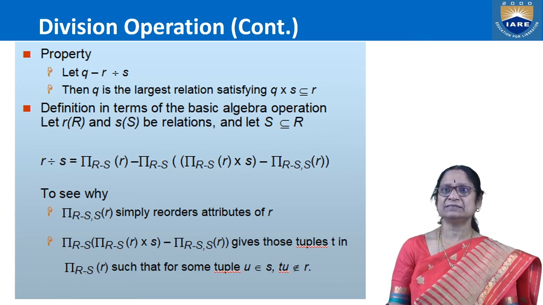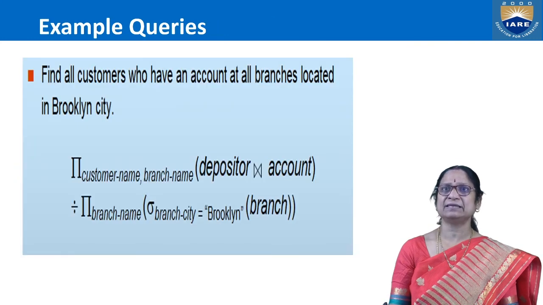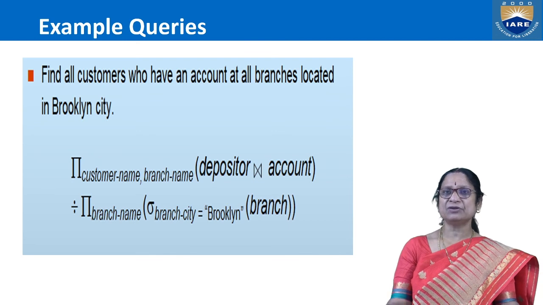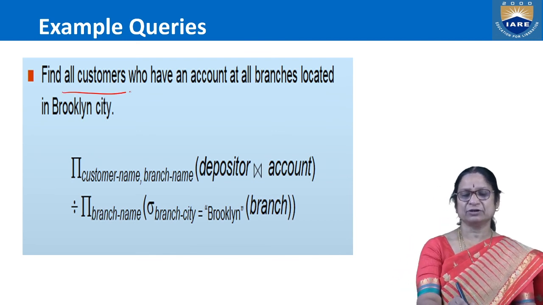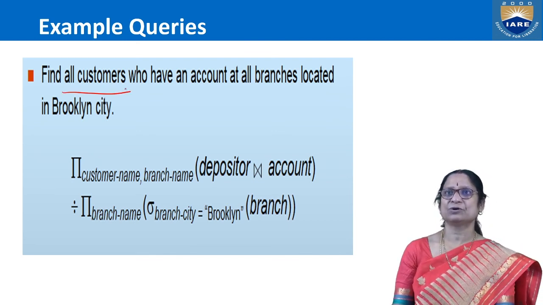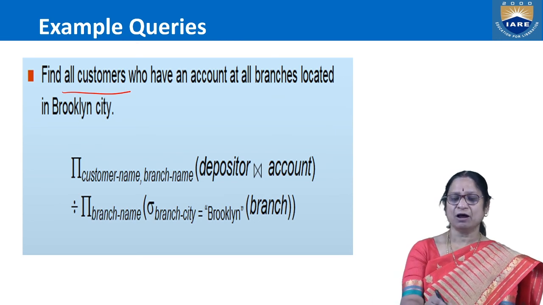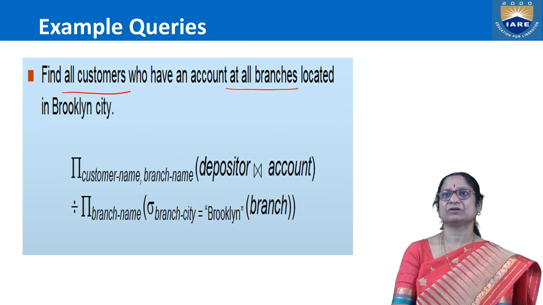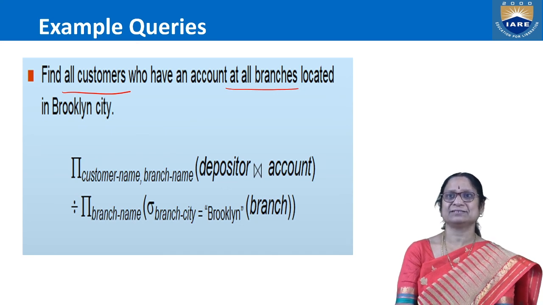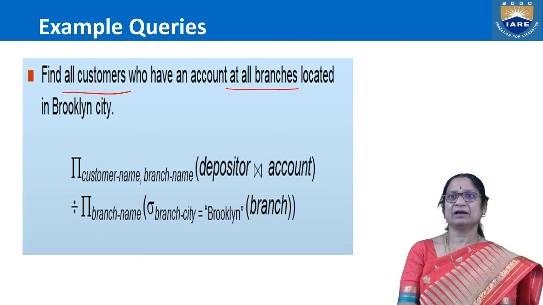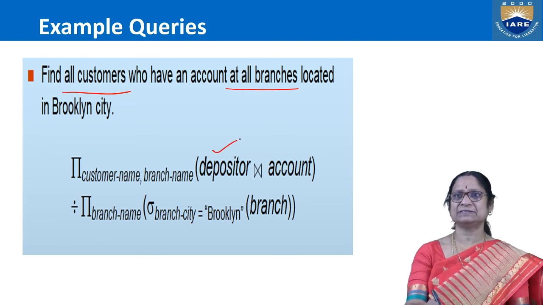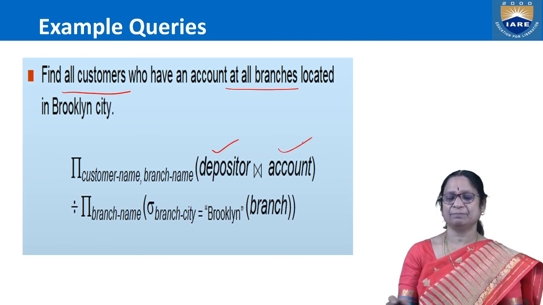By using these kinds of division operations, "for all" queries can be easily written. You observe here: find all customers who have an account at all branches located in Brooklyn City. We have the depositor relation, account relation, and branch relation.